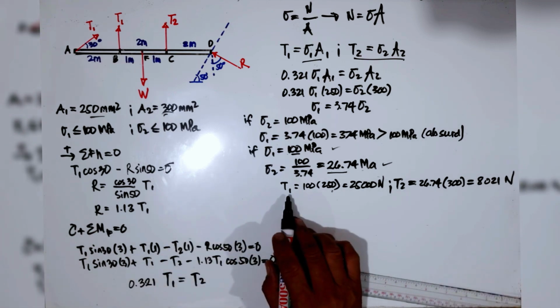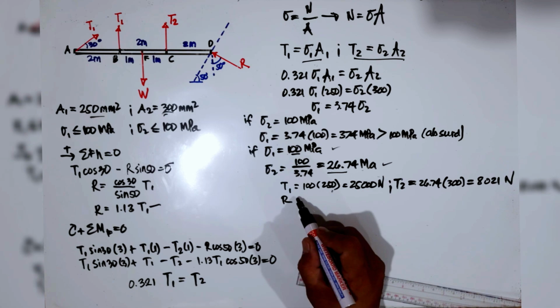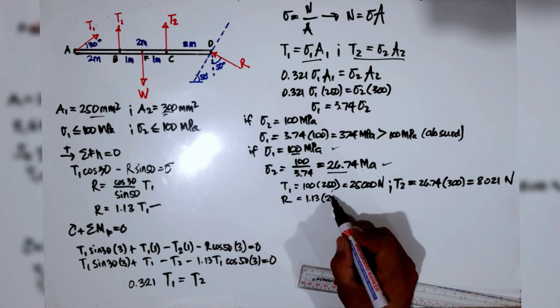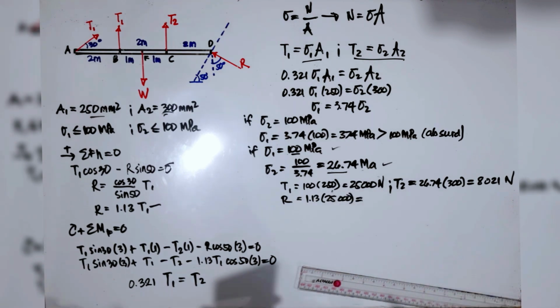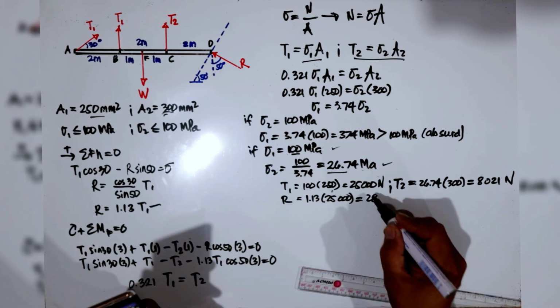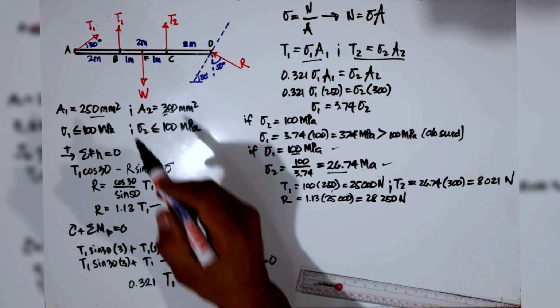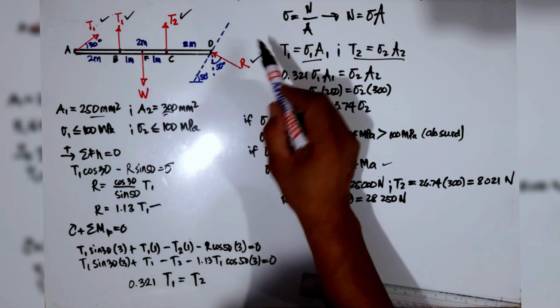And with T sub 1 already known, our R is 1.13 times T sub 1, that's 25,000. That will give you 28,250 newtons. Okay, so we have the values for T sub 1, T sub 2, and R.